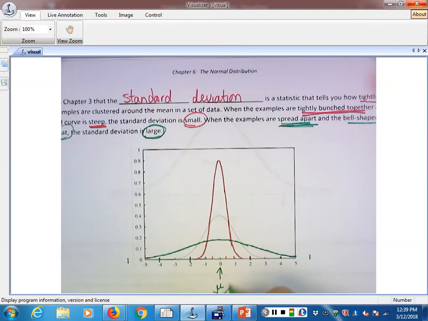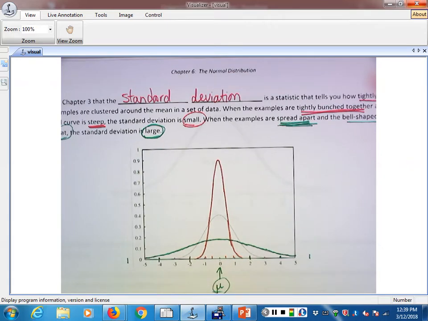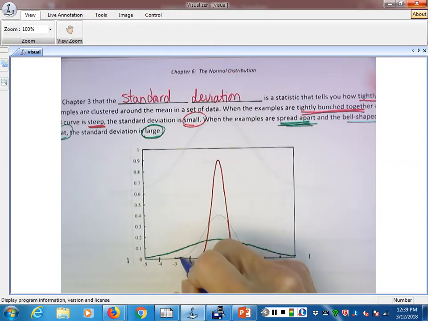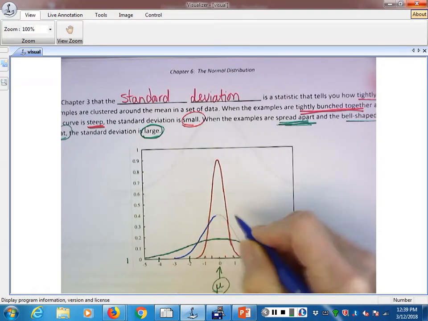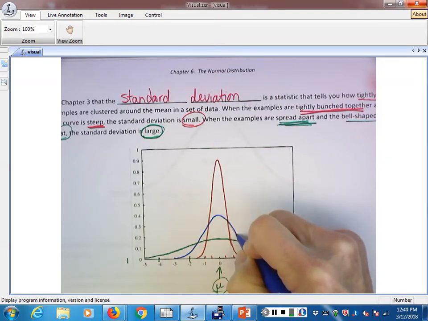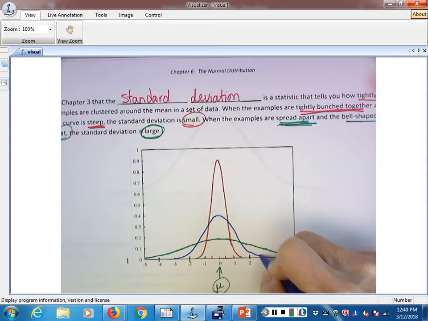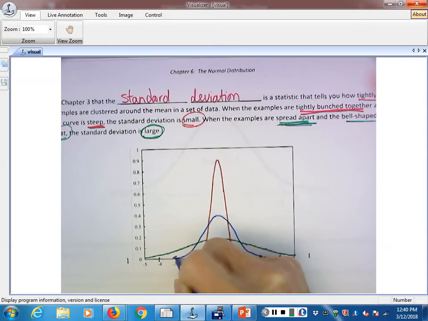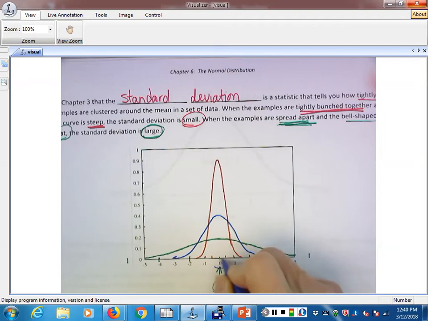Okay? Same mean in both cases, different standard deviations. The one that we're going to talk about next is the one that's kind of like in between those two. And that's where the mean is equal to 0, and the standard deviation is 1. So sigma would be 1 in that case, with that blue one, the one in the middle. Okay?